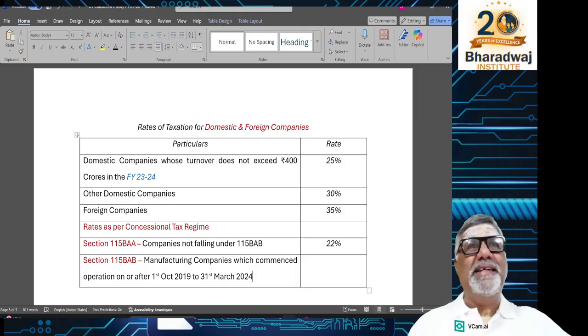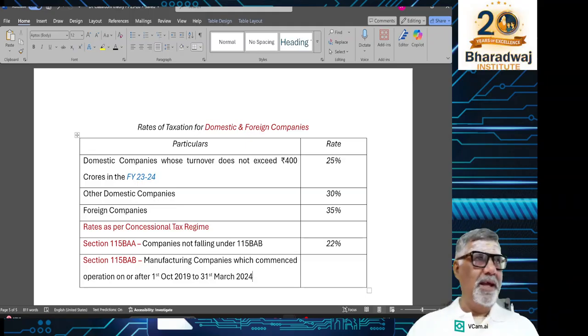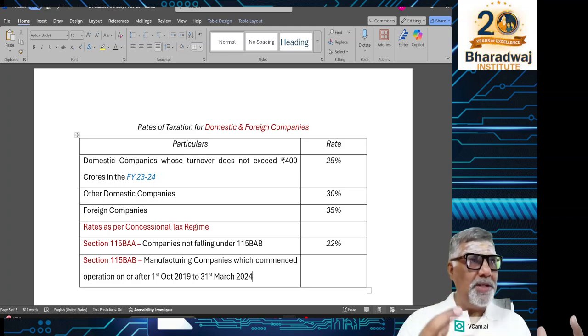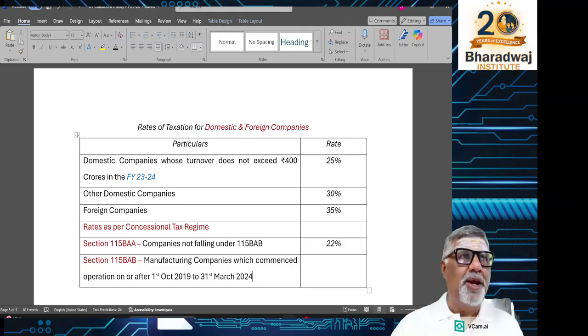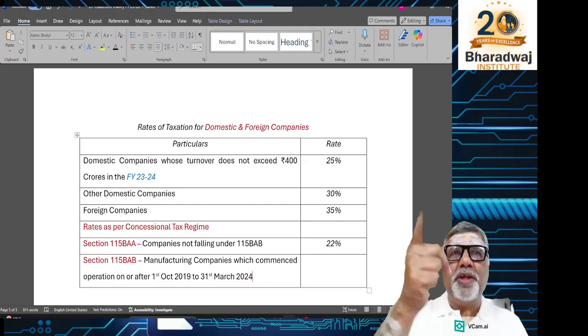Indexation benefit for LTCG was removed and LTCG became taxable at 12.5%. So students studying the financial year 24-25 would have studied two rates: up to 22nd July with indexation benefit, from 23rd July without indexation.